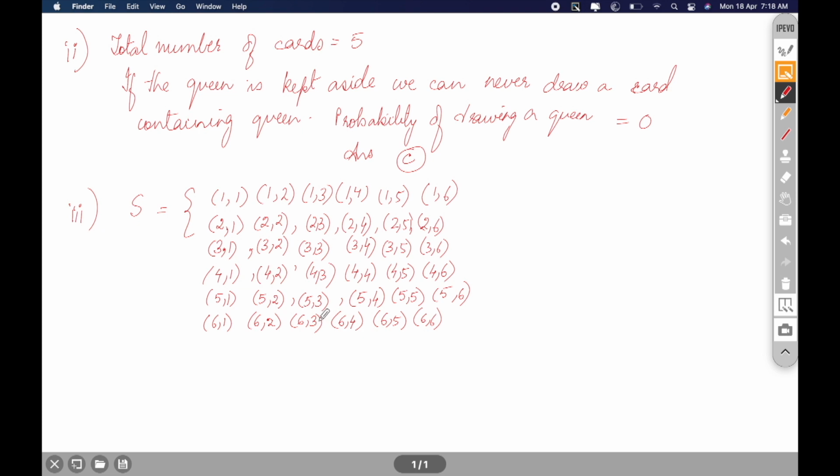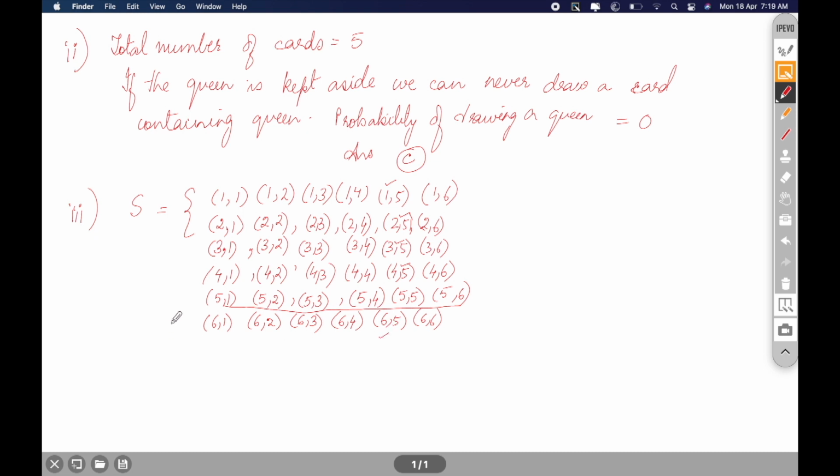So the first part of the question says, what is the probability of having 5 at least once? So you can see having 5 at least once. This is one element, second element, third element, fourth element. Each of these elements here have 5 at least once, and these.